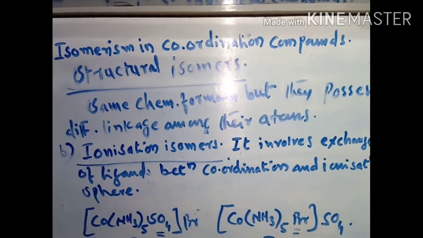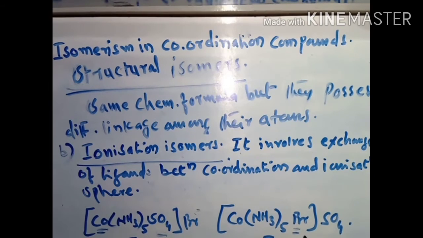Now in compound 1, the anion SO4 is bonded to Co in the coordination sphere. Here SO4, that is an anion, is attached to the central metal ion, that is cobalt. And in the second complex, bromide is attached to cobalt.